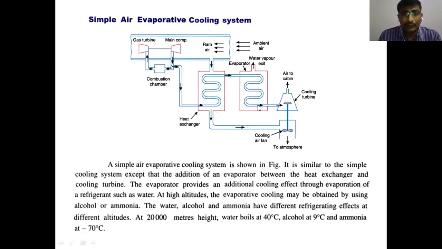After this cooling at constant pressure, the air is expanded in the cooling turbine, in which the pressure drops. Finally, we get low temperature and pressure air after the cooling turbine, which is sent to the cabin. This is the air to the cabin after expansion. The work produced by this turbine will run the fan, which is coupled to the same shaft as the turbine.